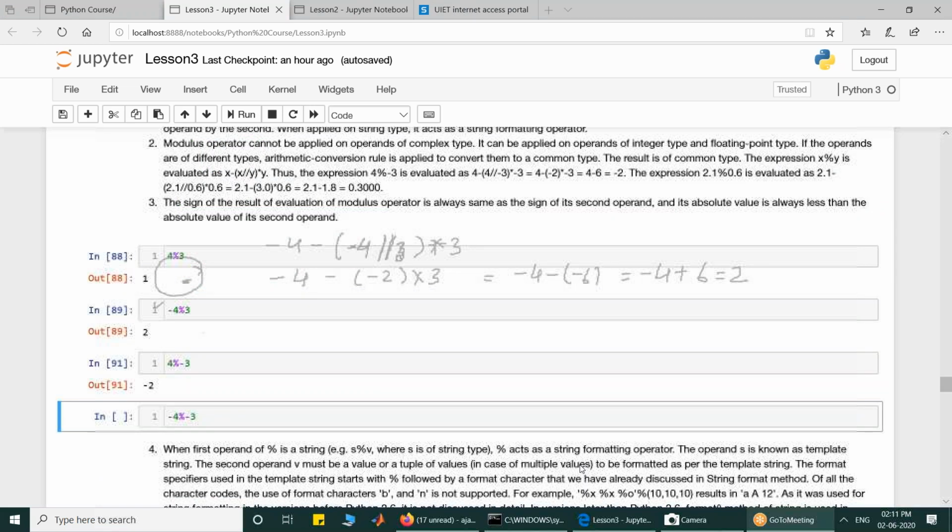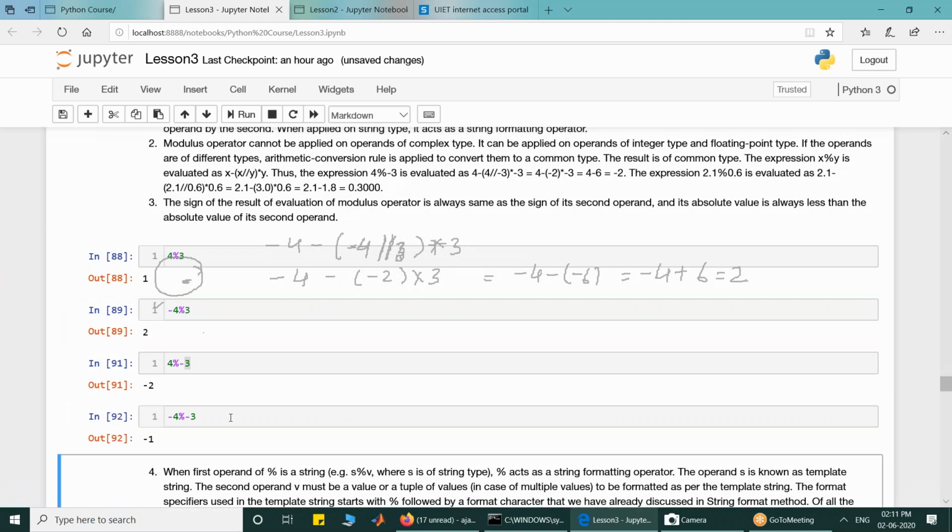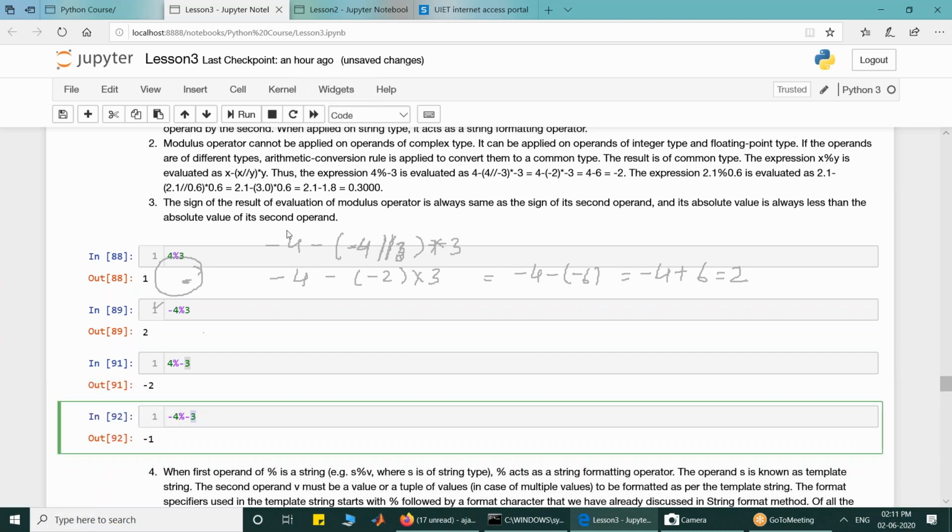The sign depends upon the second operand. So minus 4 mod minus 3 comes out to be minus 1. The sign depends upon this operand.